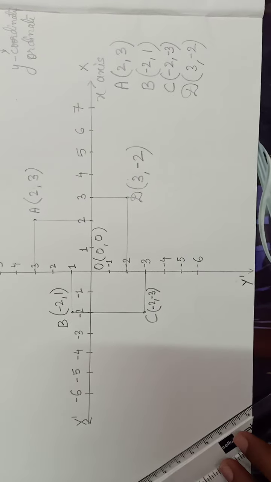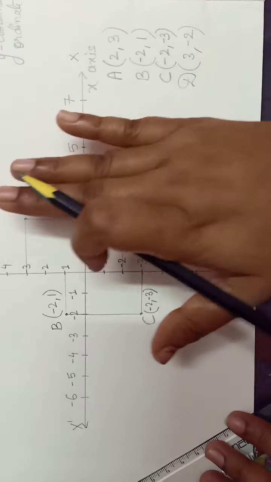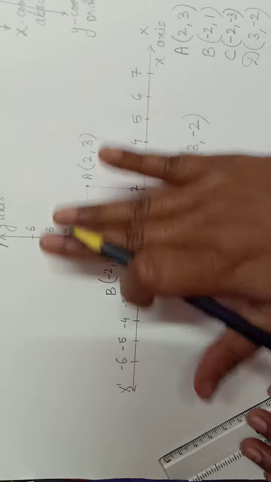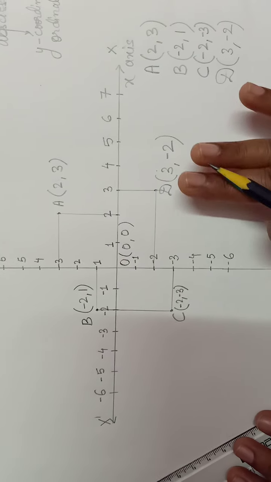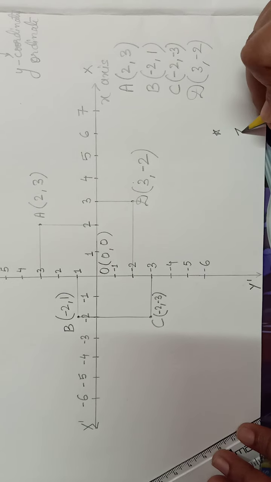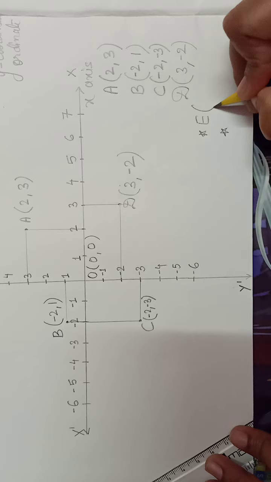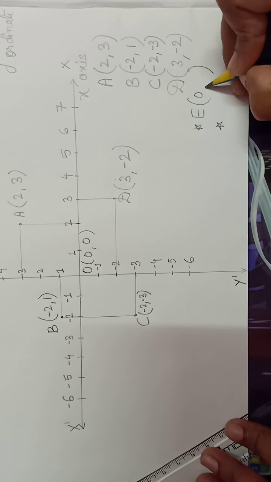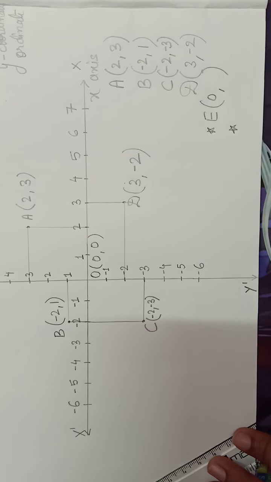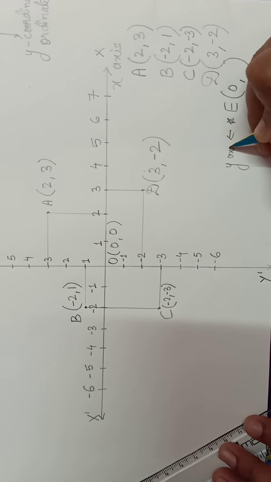Now one more point to note. As you now understood where these all 4 points will lie, that is in the first, second, third and fourth quadrant. But I am telling you 2 key points to remember. The point whose x coordinate is 0 lies on the y-axis. Point to note, students.